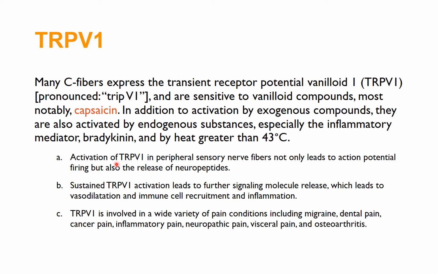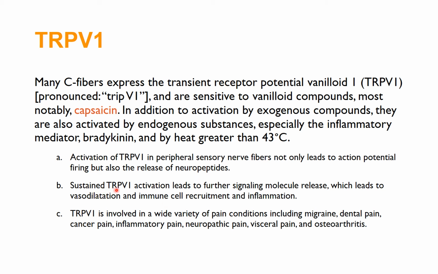So not only does activation by one of the activating substances, one of the ligands, or noxious heat, in a peripheral sensory nerve fiber lead to an action potential in that afferent fiber, it also leads to the release of neuropeptides from that afferent fiber. And I'll get into that a little bit farther on in this series.